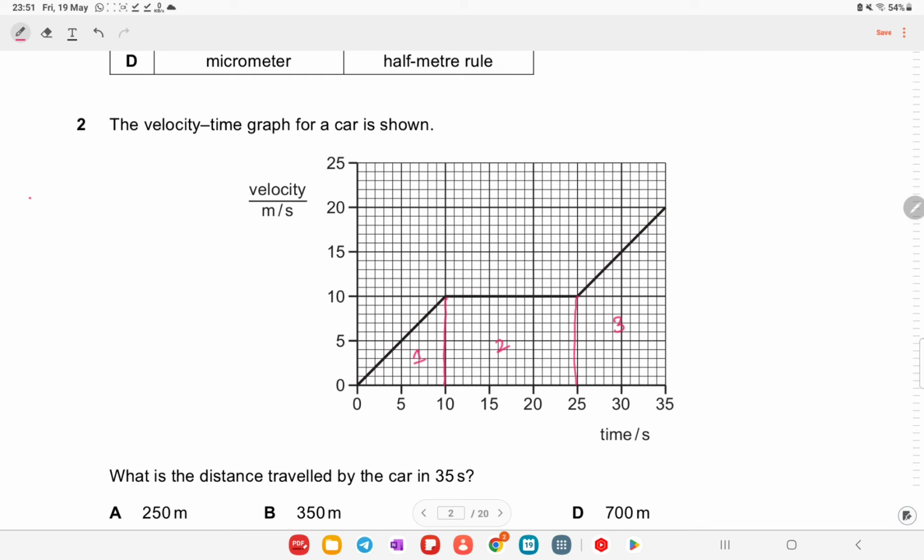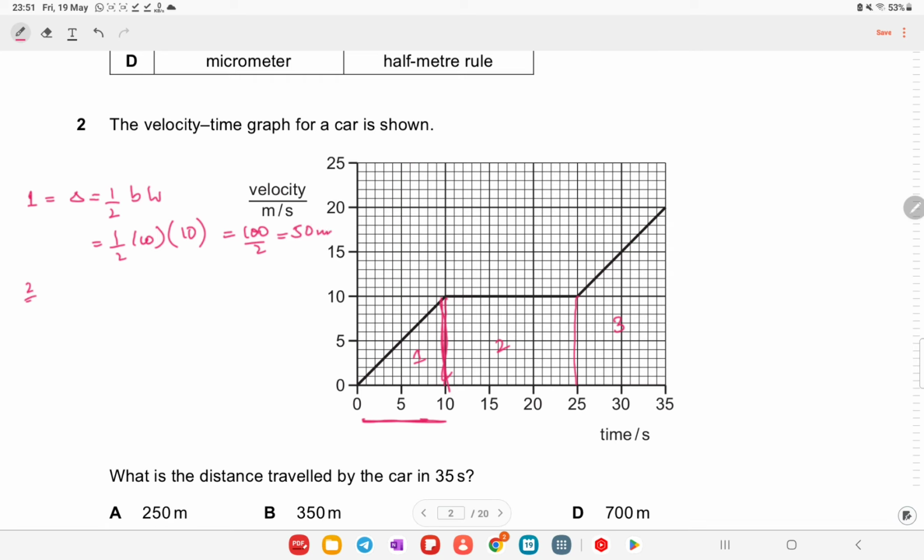So for the first shape, the area of a triangle will be 1/2 times base times height. Now you see this is your base, which is 10, and height is again 10. So you can easily calculate this: 100 divided by 2, which is 50 meters.